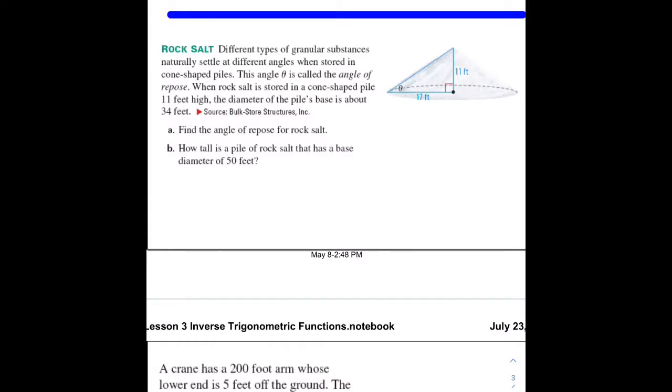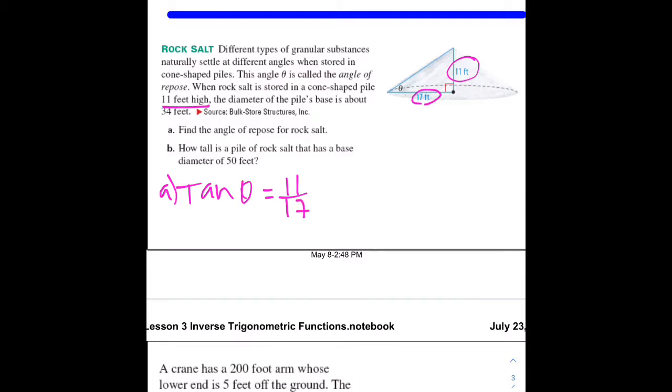But when they want you to find the angle of repose for the rock salt, they tell you that the cone is 11 feet high. And if the diameter is 34 feet, that means that the radius has to be 17. So in order for us to find part A, I have the tangent of theta, and that is going to equal 11 over 17.